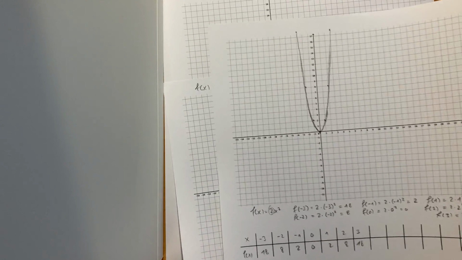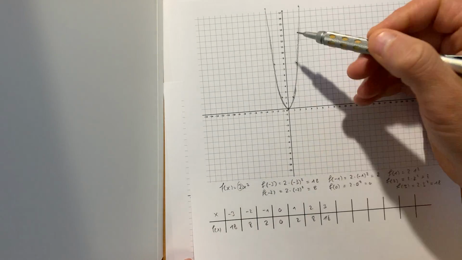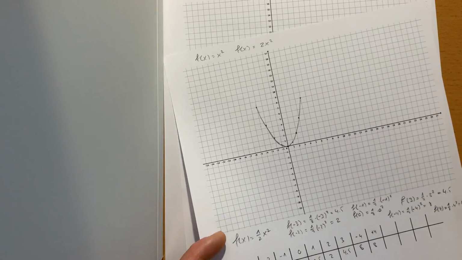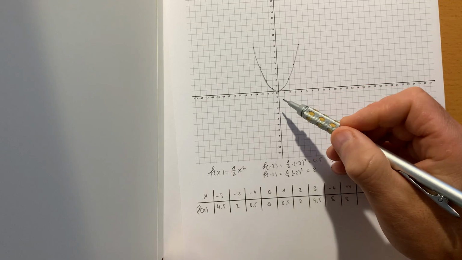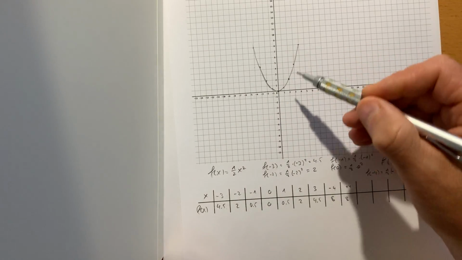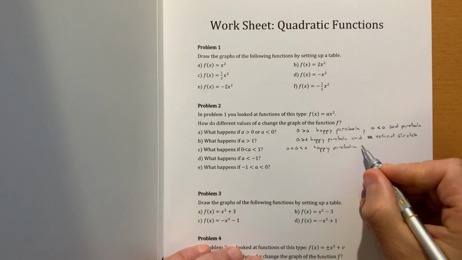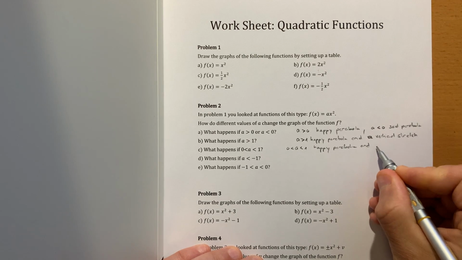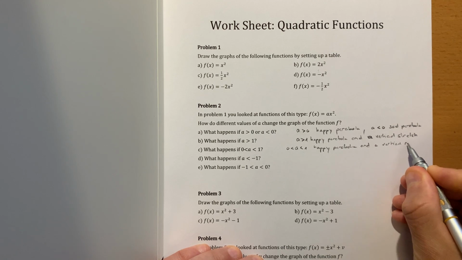We had an exercise where the coefficient was 2, it was a vertical stretch. And when the coefficient is less than 1, between 0 and 1, it's happy, but it's a vertical shrink.